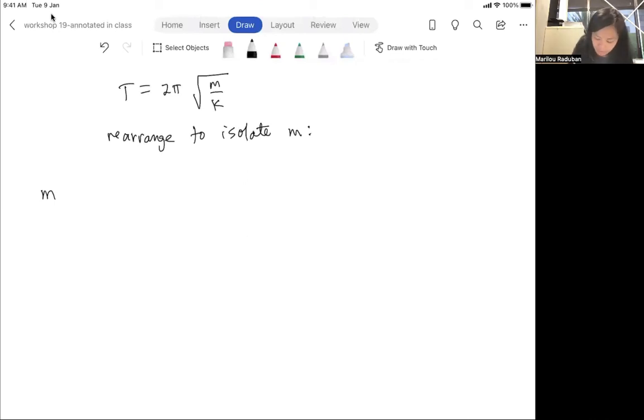So you want to isolate mass. Mass is divided by the spring constant k. And if you look at the order of operations, you have to build the equation starting from brackets. Technically speaking, it's the bracket mass divided by k that is inside the square root. So you do the bracket first, meaning you divide mass by k first, and you have mass divided by k. And then you do the exponent.